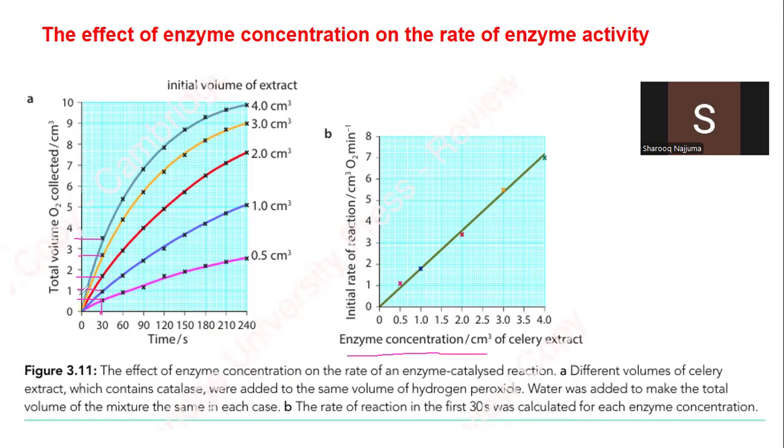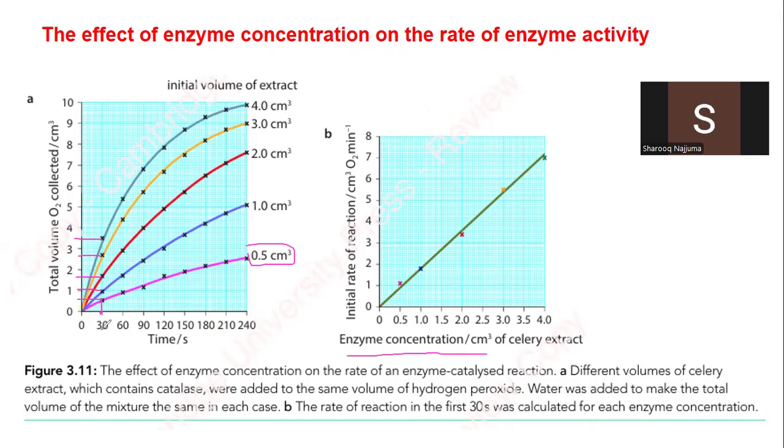So we can see that at 0.5 centimeters cubed of the celery extract, the initial rate of reaction was around 0.5. And then at 1 centimeter cubed, still you read off the initial rate of reaction.